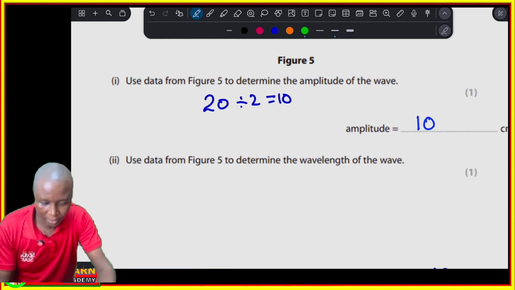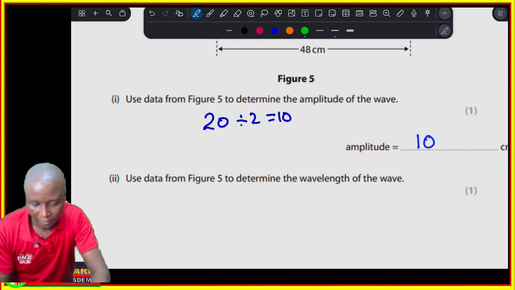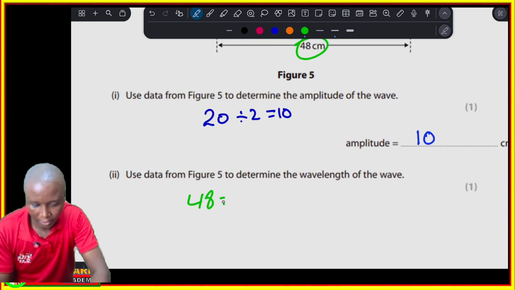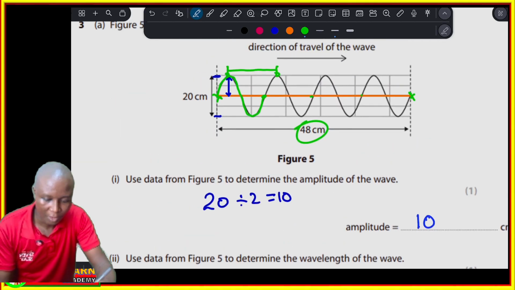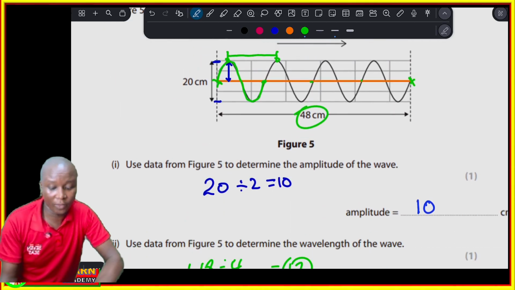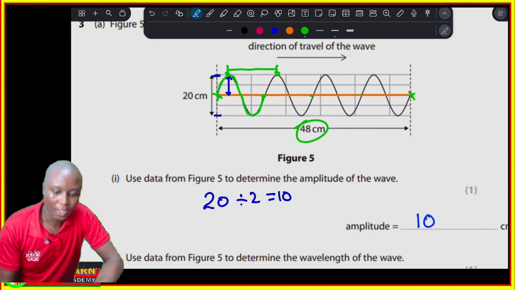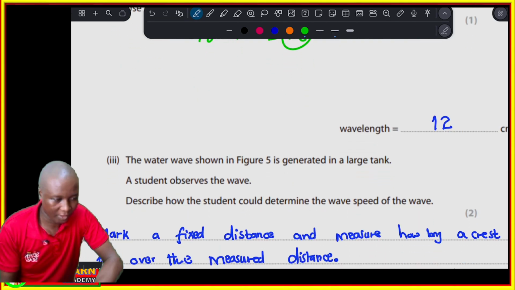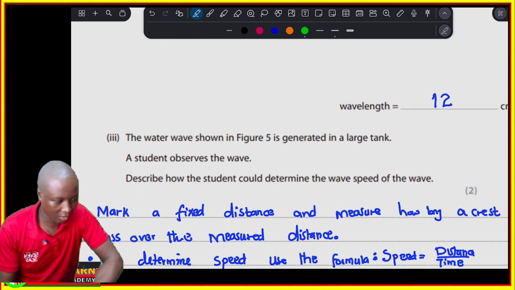So for me to get the wavelength, this is 48. I'll say 48 divided by 4, and that's going to be 12 meters. So each wavelength is basically 12 centimeters shown there.